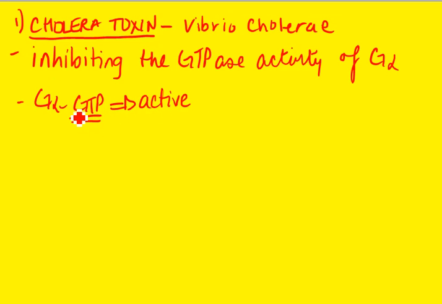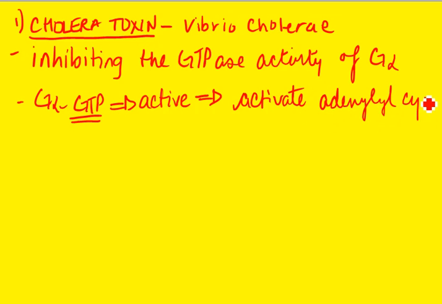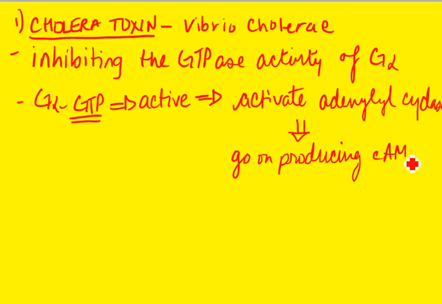So if G alpha GTP is active, then it will activate what? Adenylyl cyclase, the effector, right? If adenylyl cyclase is always active, then it will go on producing cyclic AMP.